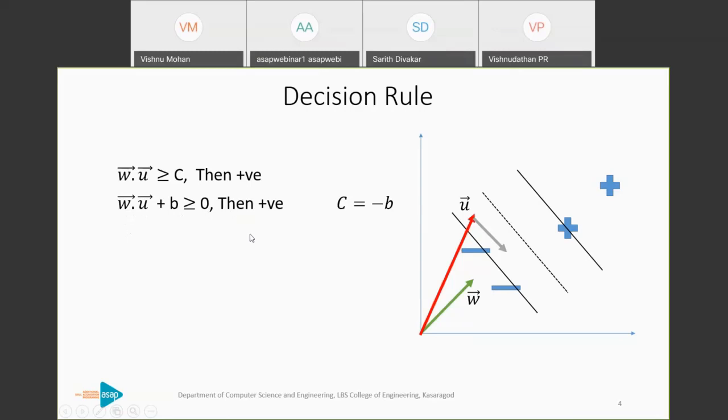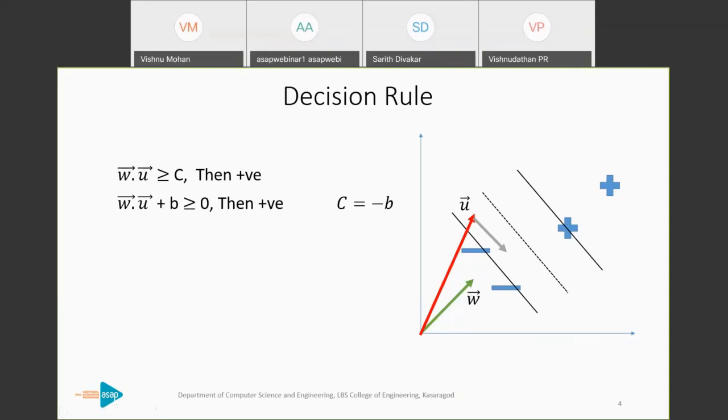Then it is positive. We have no idea which constant B to use here, and no idea about your W either. The only constraint is that W should be perpendicular to the median line. There are a lot of W that are perpendicular to the median line. It can be of any length.